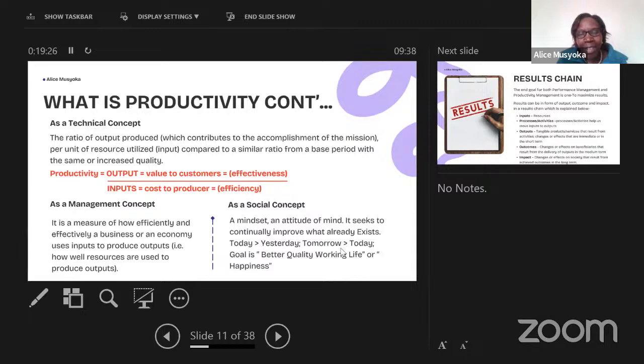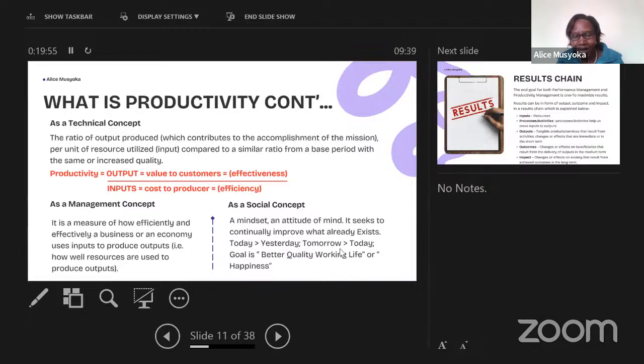Okay, I think in the public sector, we have had such words as mali ya umma. Hii ni mali ya umma. So let us waste whatever we have because ni mali ya umma. That is a mindset. It's an attitude and not a good attitude. So there cannot be productivity where employees think that hii ni mali ya umma.